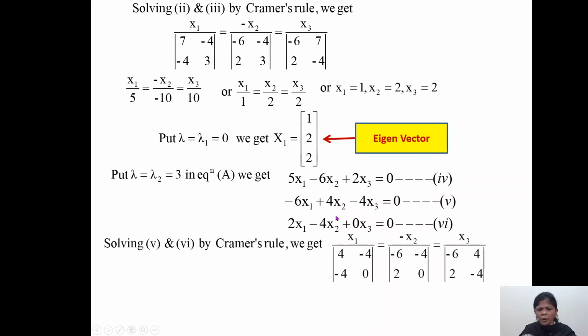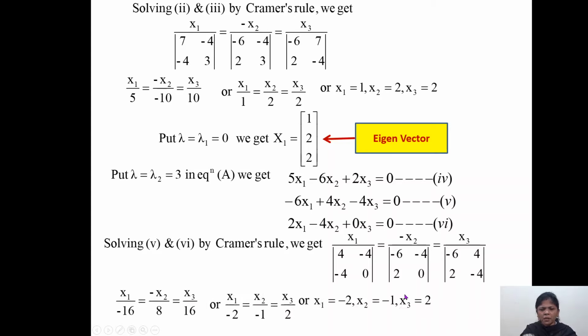So x1 upon the coefficients of x2 and x3 equal to minus x2 upon the coefficients of x1 and x3 equal to x3 upon the coefficients of x1 and x2. Simplify in the same fashion. You will get x1 as minus 2, x2 as minus 1 and x3 as 2. So now we write the second eigenvector for lambda equal to 3.